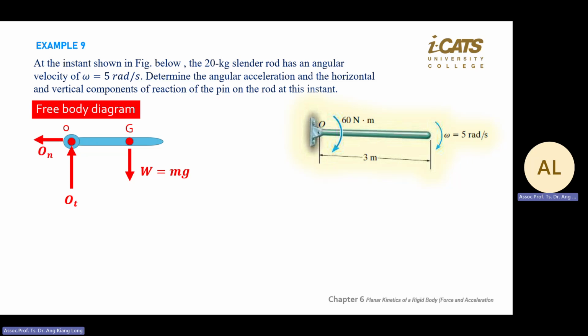So this is what I showed you on the whiteboard just now. Of course, you can still use OX and OY, but because it's a round shape, we use N and T. It's not wrong if you use OX and OY, but on my slide, I use tangent and normal.